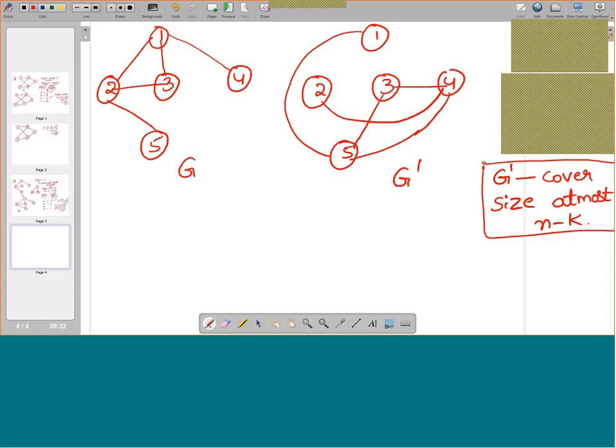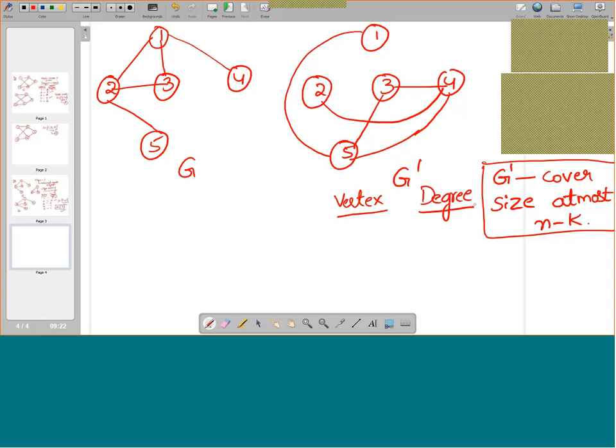Next, for 5, only 5 to 2 is present. So we need to include 5 to 1, 5 to 3, 5 to 4, which are already included. So now we'll write the degree.